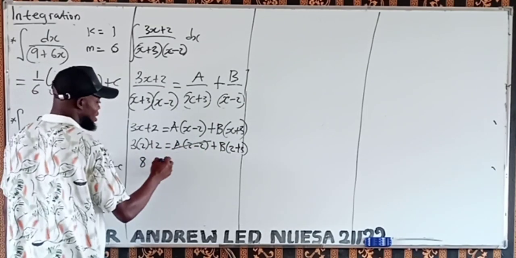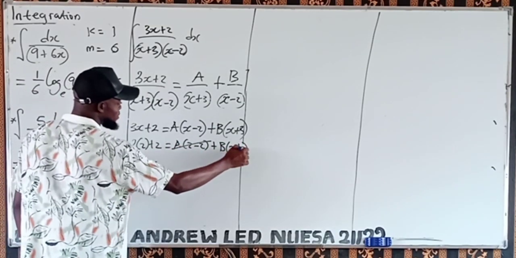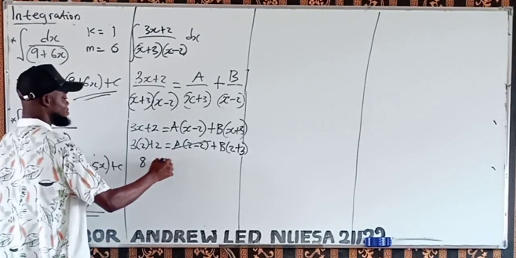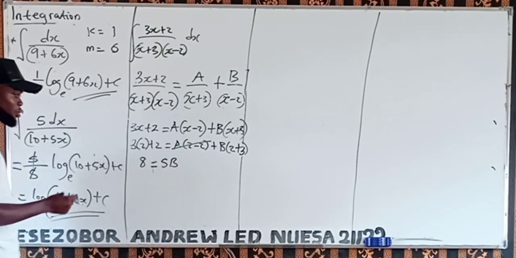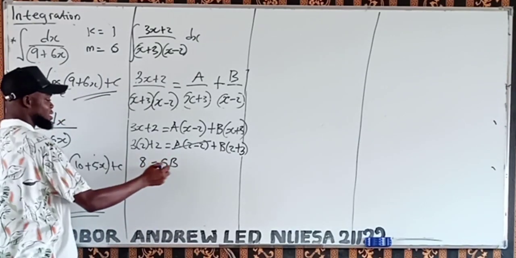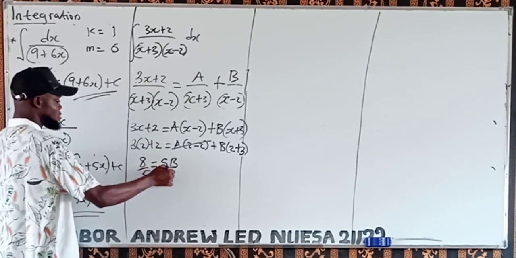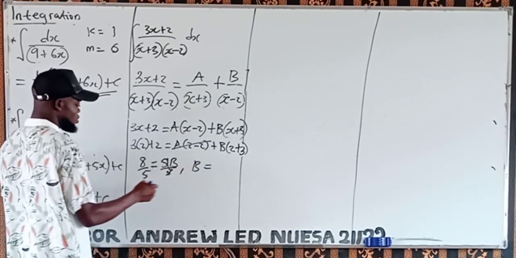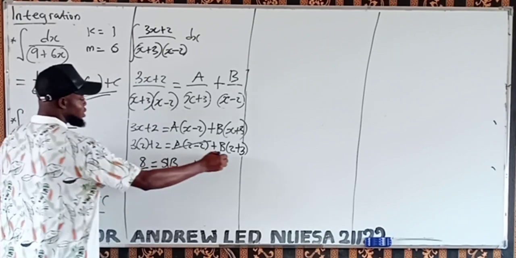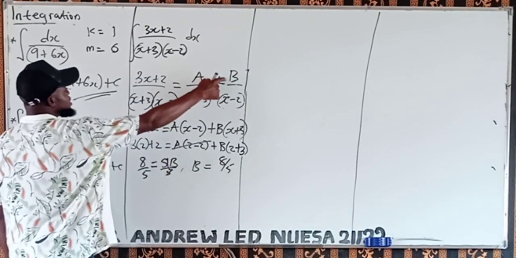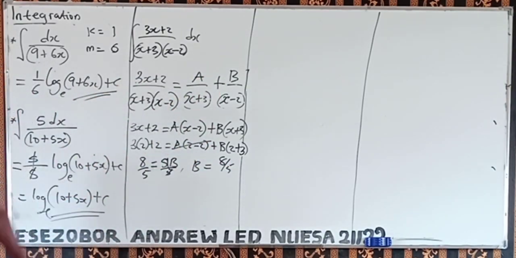Then this one, 2 plus 3 is 5, so 5B. We have 5B there, so next you divide by 5. So B will be equal to 8 over 5. Our B is 8 over 5.